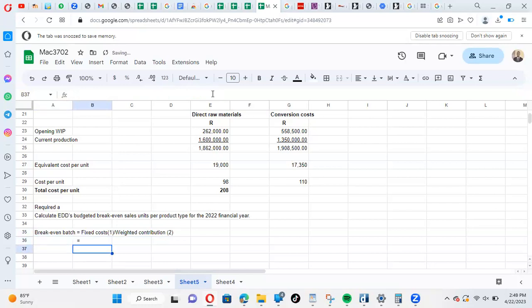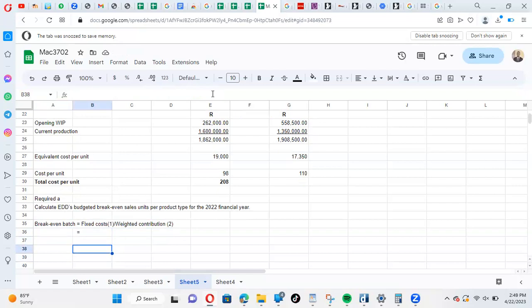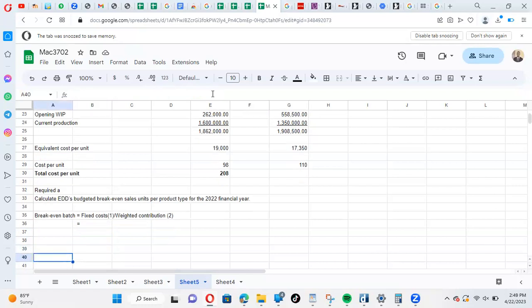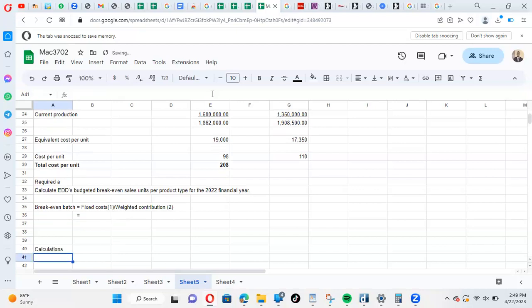So this is where we are now. Let's pick it up from the calculator where our marks are coming from. Calculation 1, fixed costs.